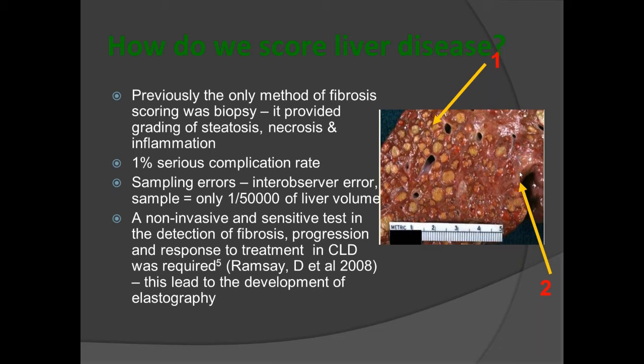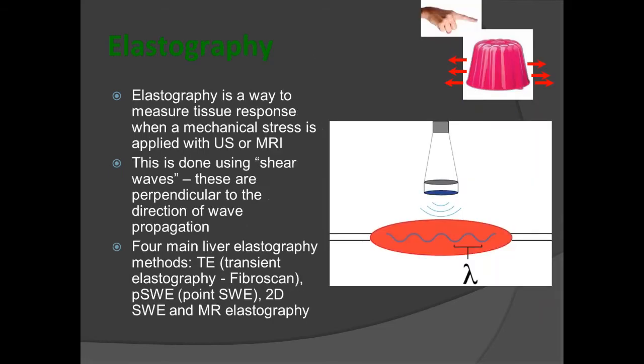So how do we currently score liver disease? Well, the gold standard has always been the use of a biopsy. But as you can see here on the screen, biopsies not only carry a high complication rate, but you can get varied results depending on which part of the liver you sample. So as you can see here, if you put a needle into point 1, you would get a high score or a cirrhotic score.